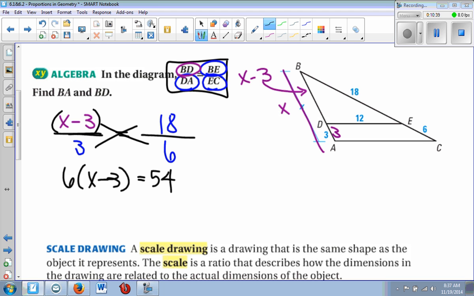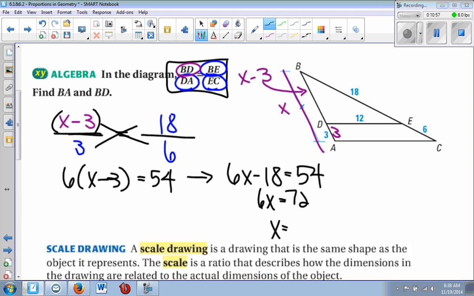By distributing the 6 on the left side, we end up with 6x minus 18 equals 54. If I add 18 to the other side, we end up with a value of 72. And if I divide both sides by 6, my x value comes out to 12.